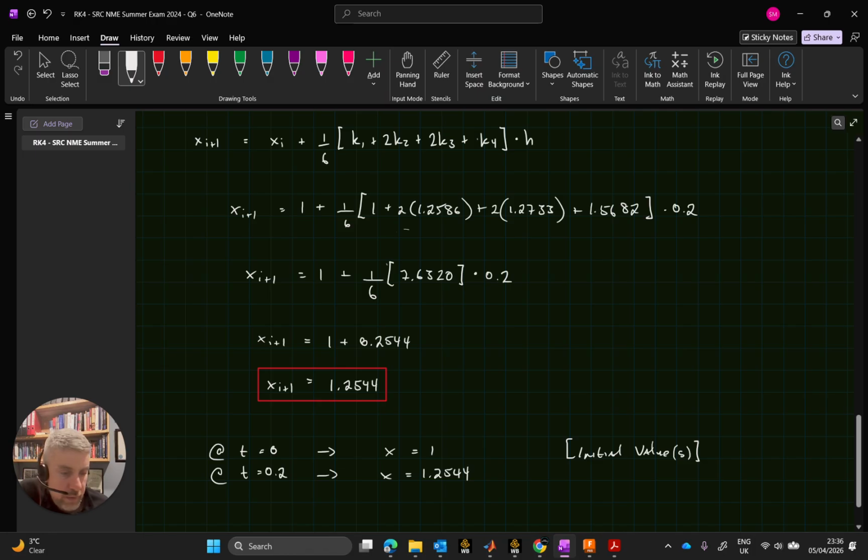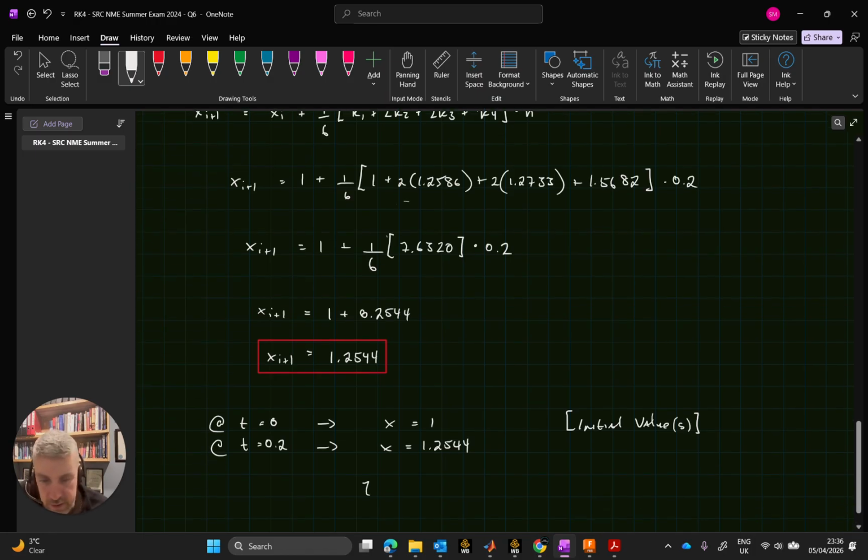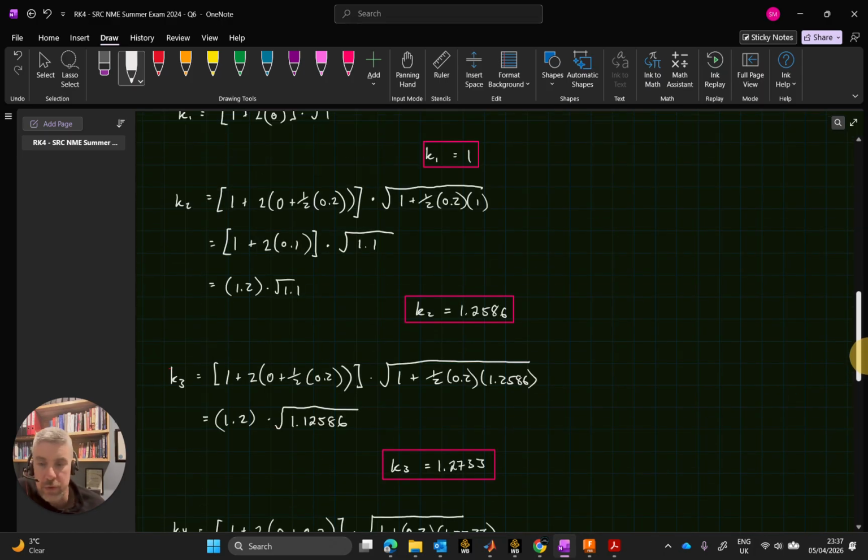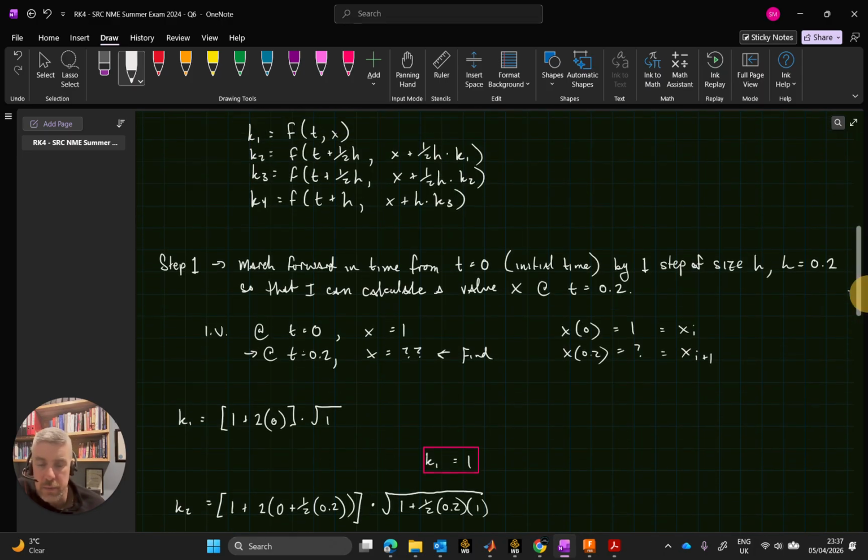So now what I could say is let's let xi equal to x of i plus 1. So I now need to calculate from 0.2 up to 0.4. So where we had here, marching time from t is equal to 0 by step size that, right?